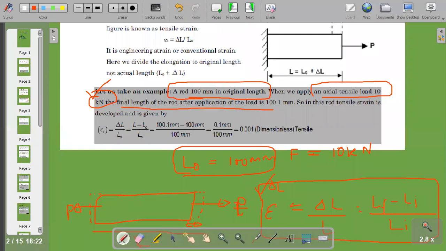The final length of the rod is 100.1 mm.